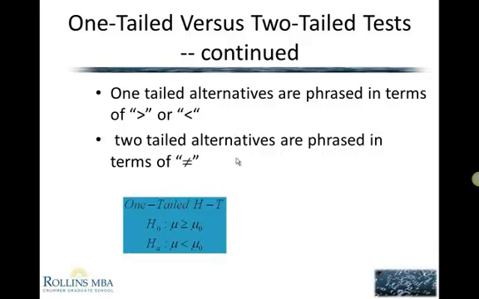And here's an example of a pair of symbol form hypothesis statements that go along with a one-tailed hypothesis test. We may say as a null hypothesis that the population mean is greater than or equal to mu sub 0, some null value, and the alternate would be that mu is less than mu sub 0. This would be an example of a one-tailed test.